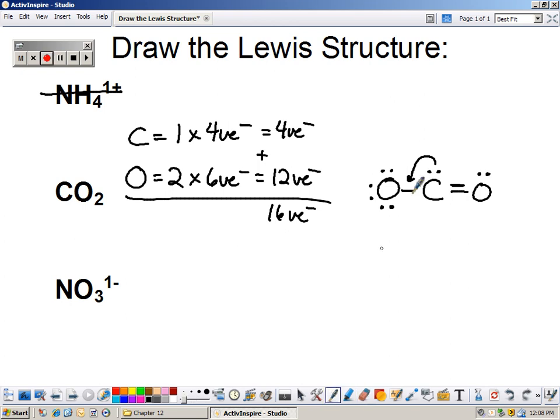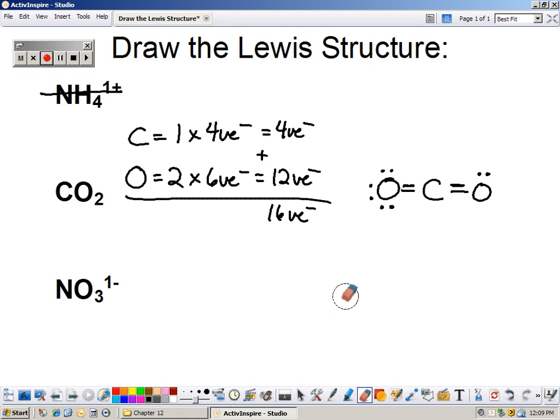And now that lone pair goes away because now it's double, it makes your double bond with carbon. Okay, so let's see where we are now with our electrons. We've got 2, 4, 6, 8, 10, 12, 14, 16. We still have our 16 electrons.